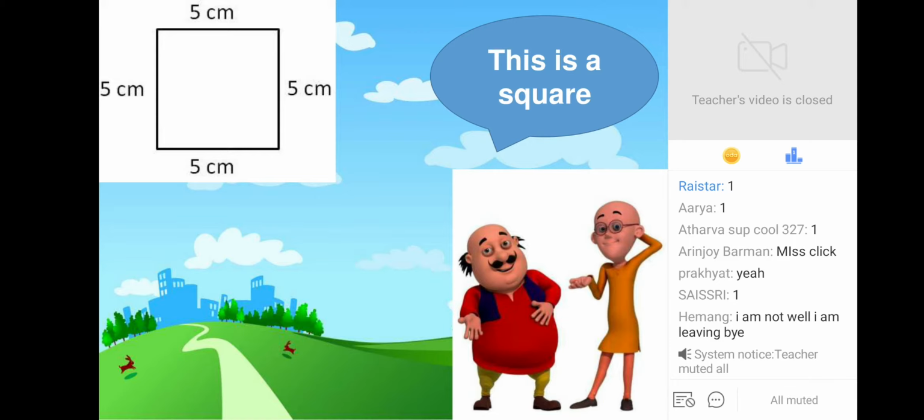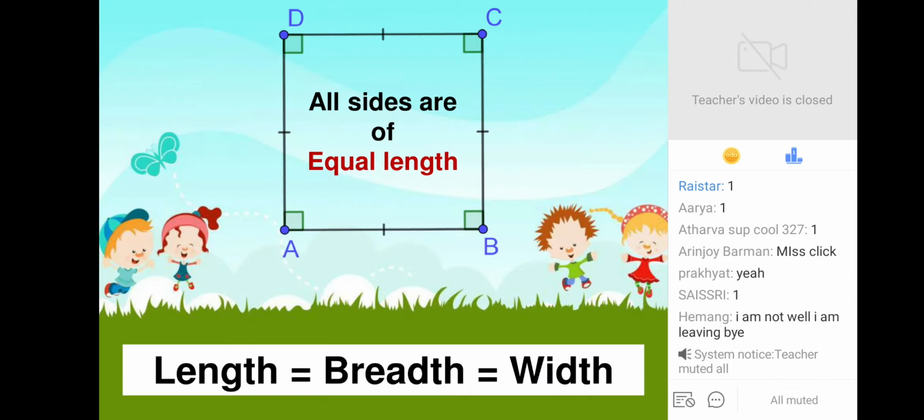Now, this is a square. What is a square? A square is a four-sided figure in which all the sides are of equal length.